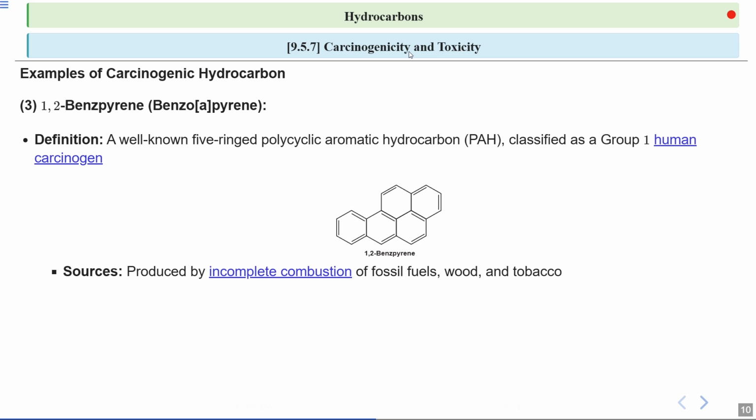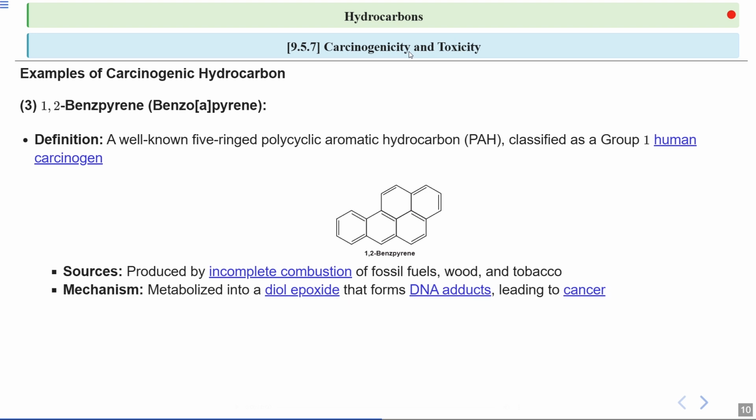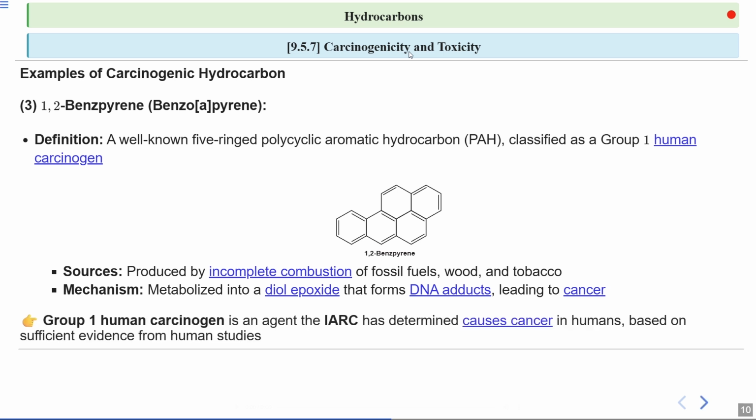So, it is found in car exhaust, cigarette smoke, and even grilled foods. This shows us how everyday activities can expose us to harmful chemicals. Lastly, talking about its mechanism, it is metabolized into a diol epoxide that forms DNA adducts, leading to cancer.